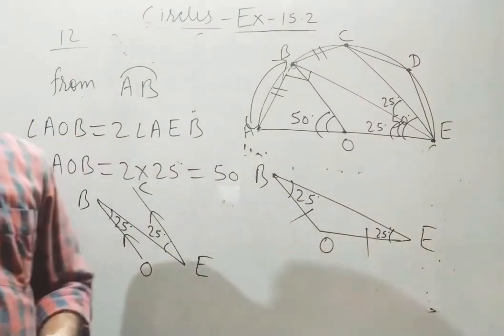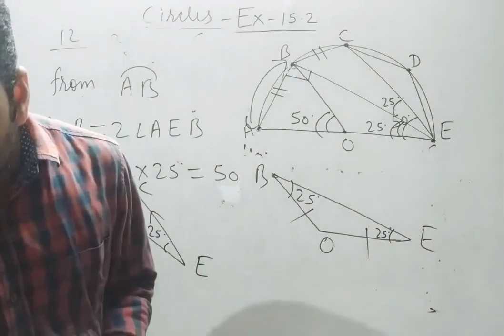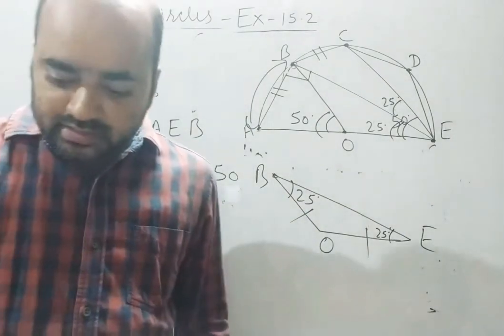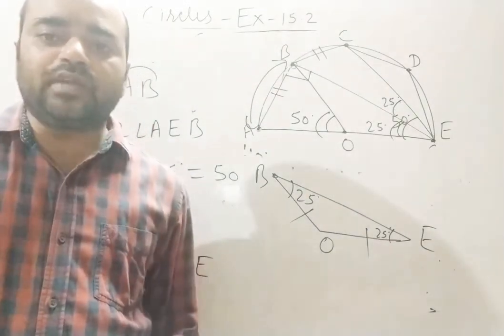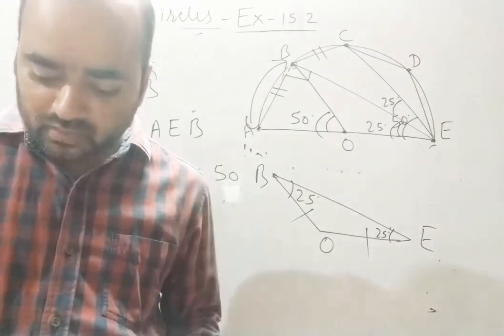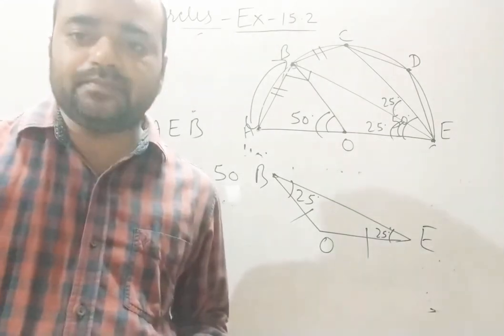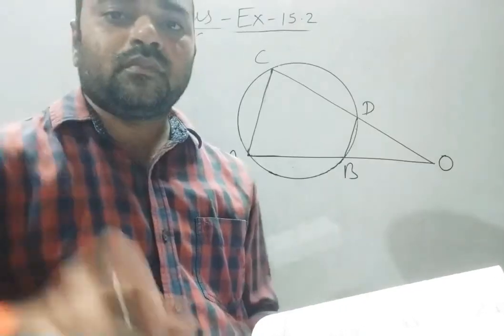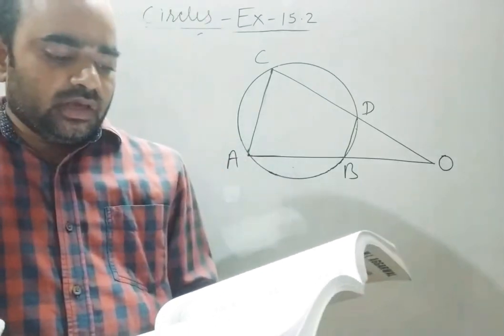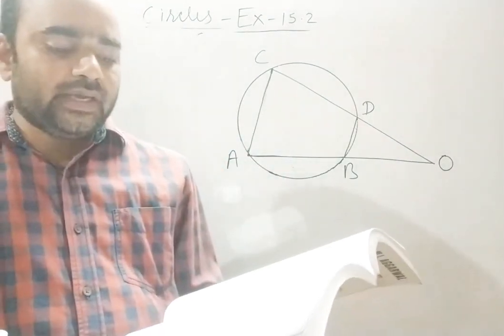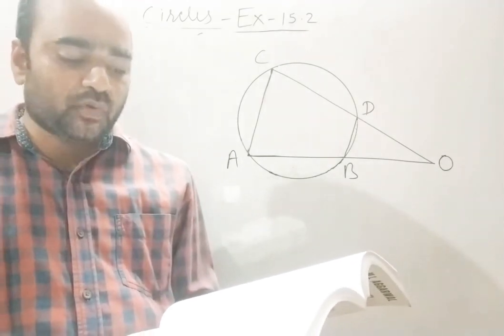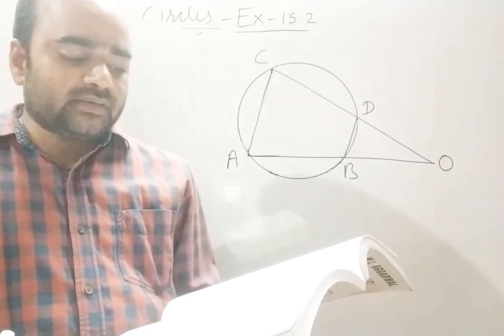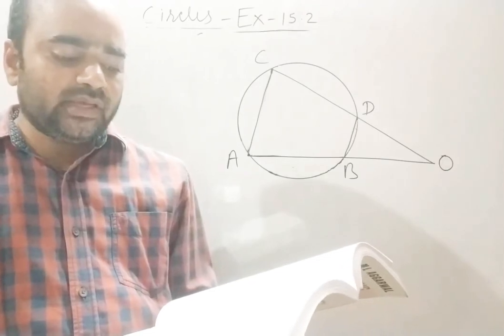Correct? Next one is question number 16. Okay, since we are not going into the proof type questions, that is why I am telling question number 16. So last question, in the adjoining figure, chords AB and CD of the circle are produced to meet at the point O. Prove that the triangles ODB and OAC are similar.